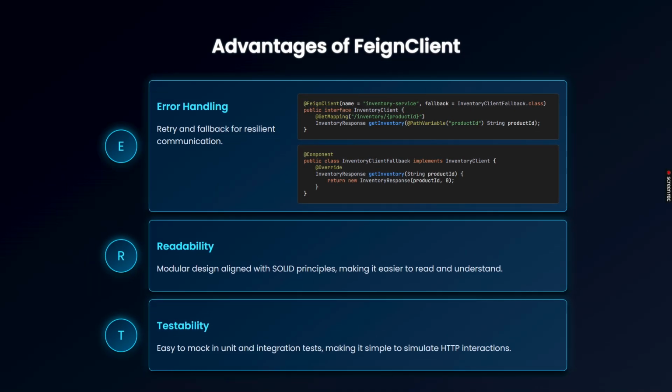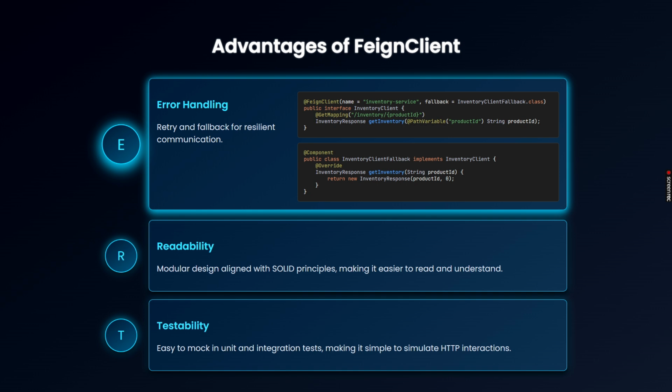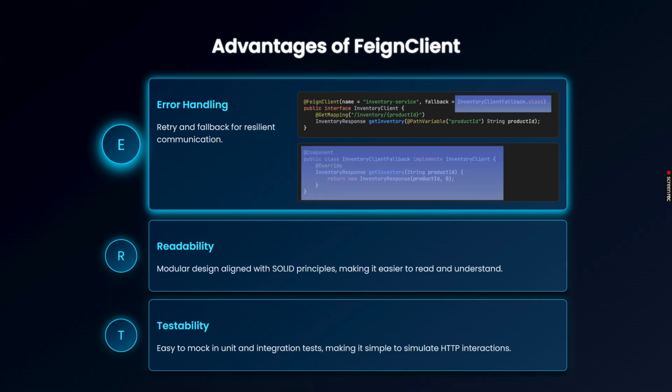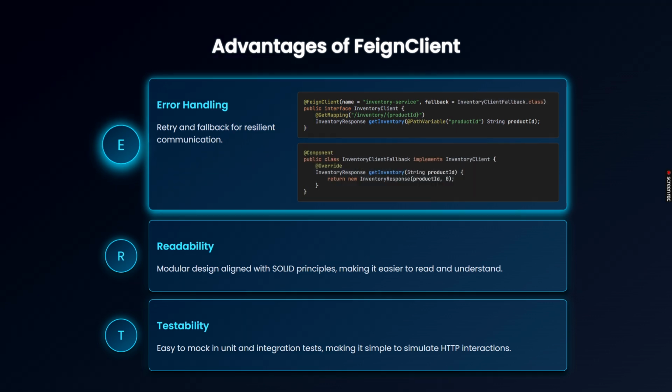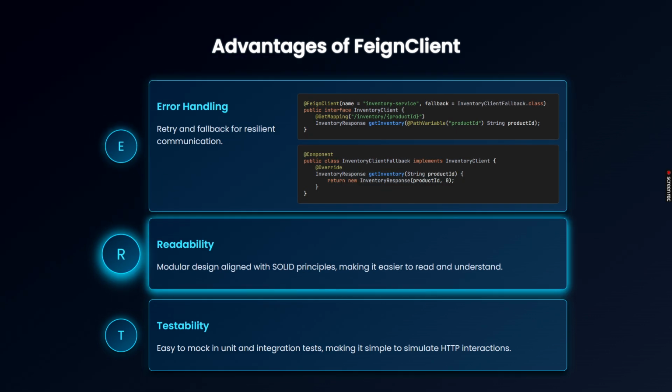Feign Client provides mechanisms like retry and fallback, which enhance the resilience of your application. If a request fails, you can define an alternative path for handling errors, as shown in the inventory client fallback example. With its modular approach, Feign Client adheres to SOLID principles, making the code easier to understand and maintain.